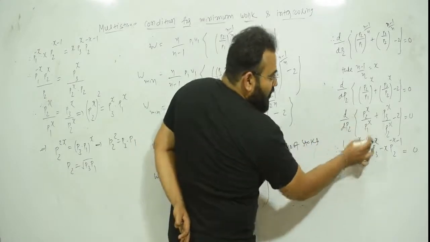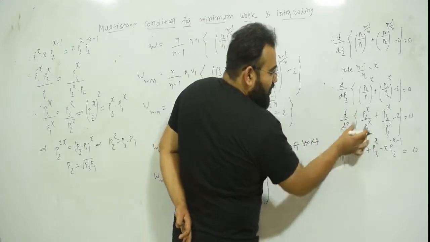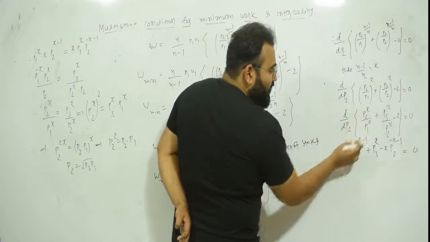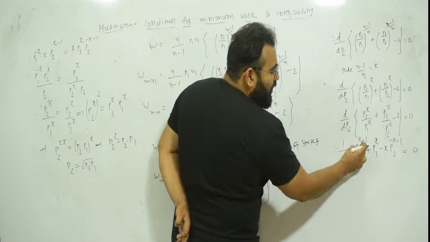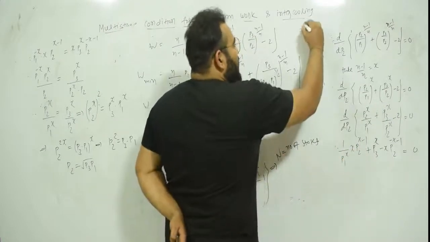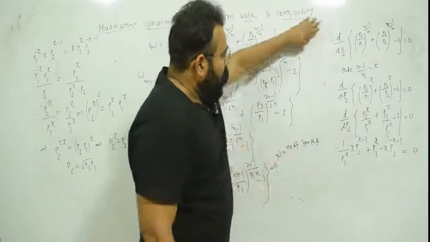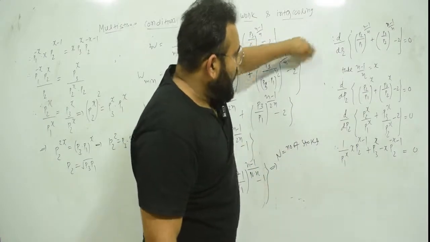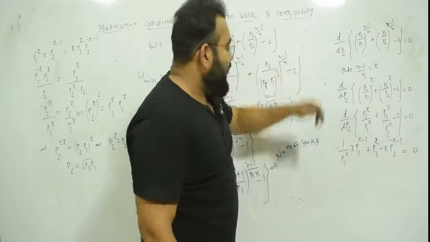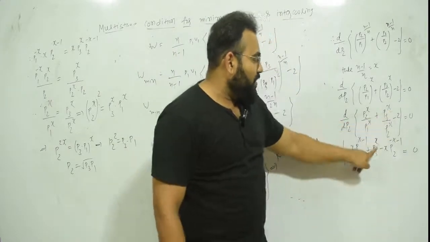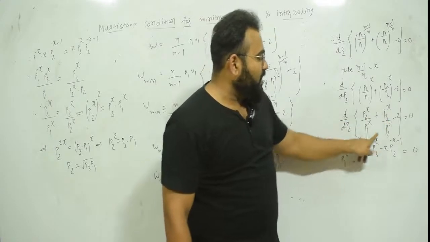So 1 upon P1 raised to x will be outside because it is constant. P2 raised to x means x raised to n, into x raised to n minus 1. So x will be here and P2 raised to x minus 1, because we know the differentiation of x raised to n is equal to n into x raised to n minus 1. Same way over here, P3 raised to x is constant because we are differentiating with respect to P2.